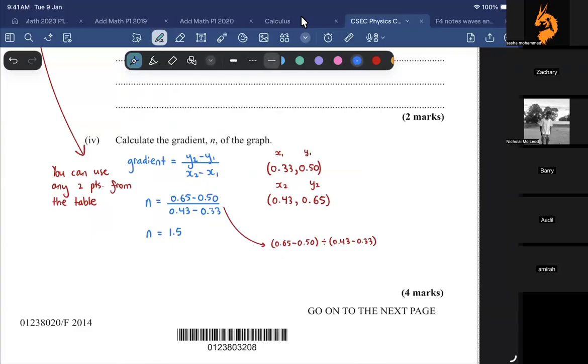Now, I have a question. What do you think is denser, water or glass? Glass. So which one would have a higher refractive index? Remember, refractive index tells us the degree of refraction.